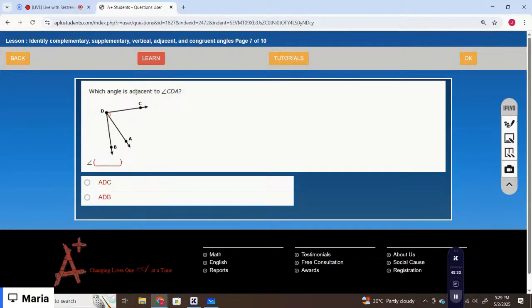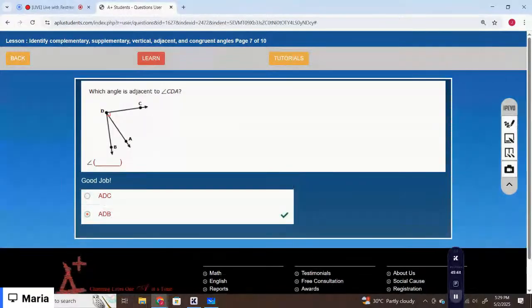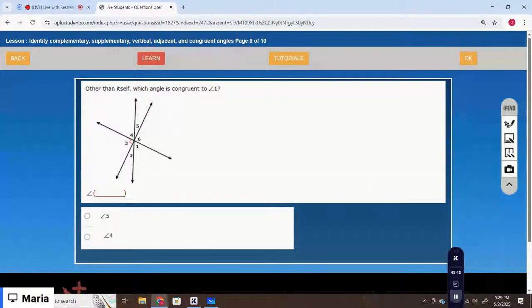Option number 2 is the correct option. Other than itself, which angle is congruent to angle 1? Angle 4 it is. Option number 2 is the correct option.